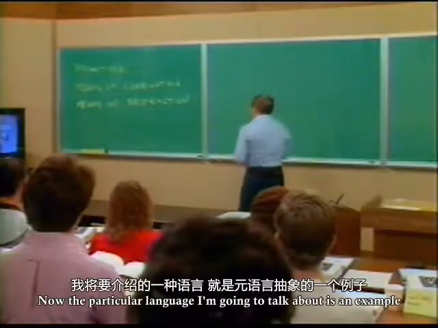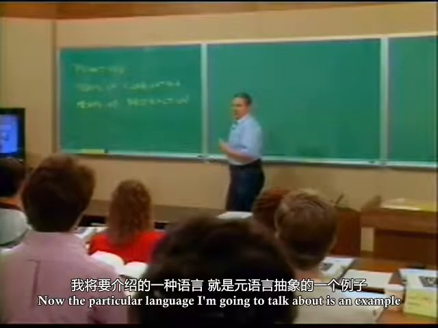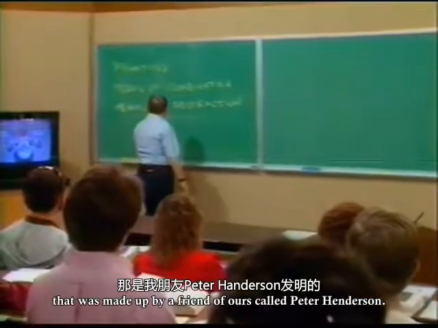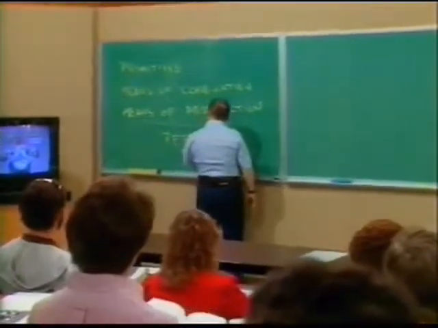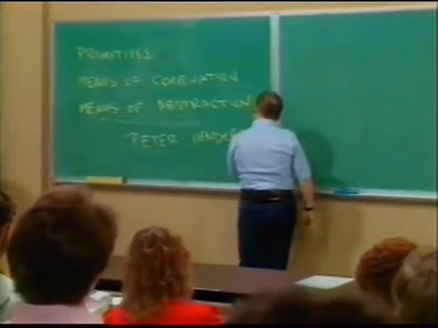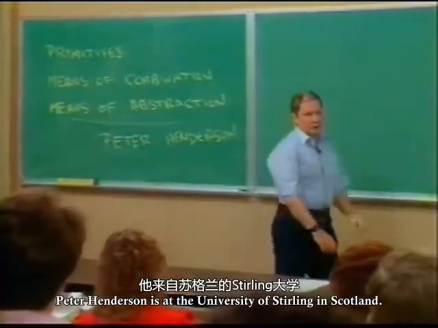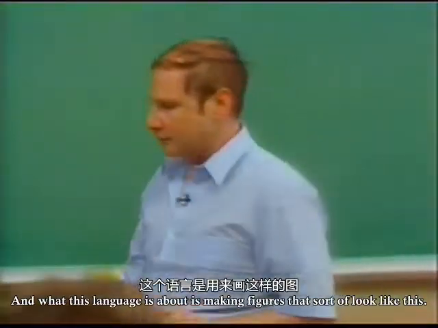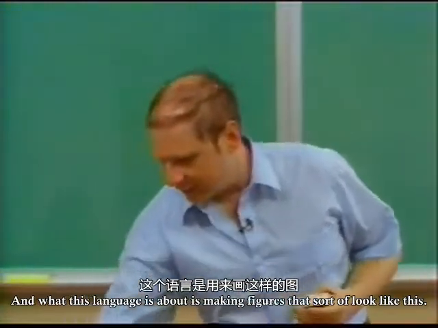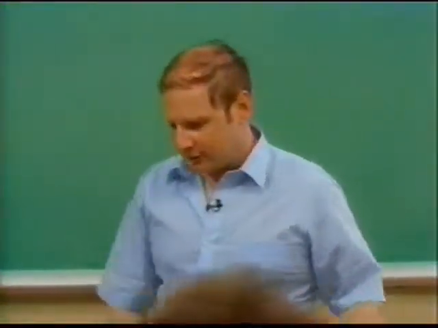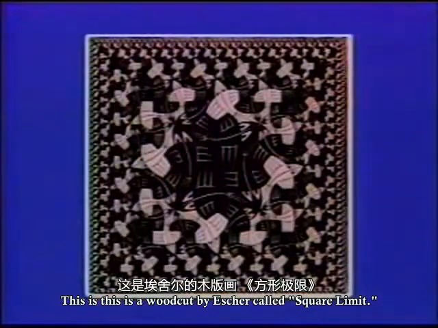Now, the particular language I'm going to talk about is an example that was made up by a friend of ours called Peter Henderson. Peter Henderson is at the University of Stirling in Scotland. And what this language is about is making figures that sort of look like this. Right, this is a woodcut by Escher called Square Limit.